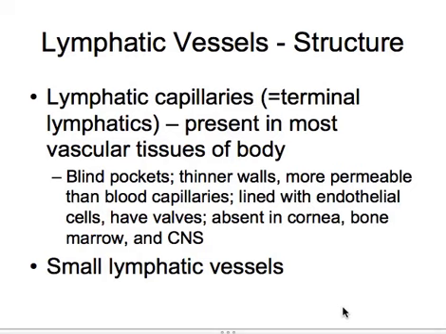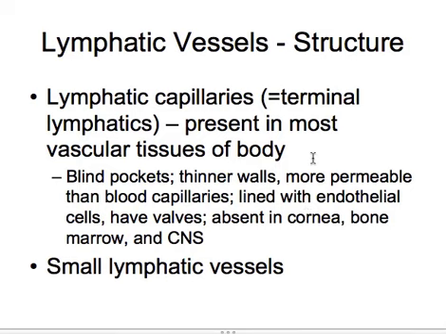So if we talk about lymphatic vessels and their structure, we mainly are dealing with the lymphatic capillaries, which are also called terminal lymphatics. These are the smallest little vessels.